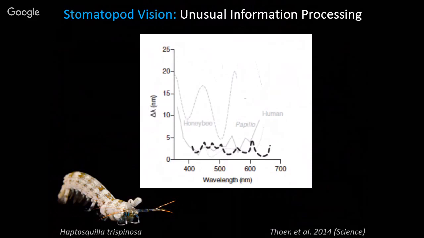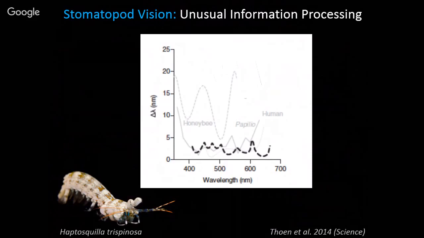How many nanometers apart do two colors have to be before an animal can discriminate them? So it's a little bit washed out, but there's curves here for a honeybee, a butterfly, and the human. And the lower that curve, so for the honeybee, the closer two colors are, the better it is at telling that color apart in that part of the spectrum.